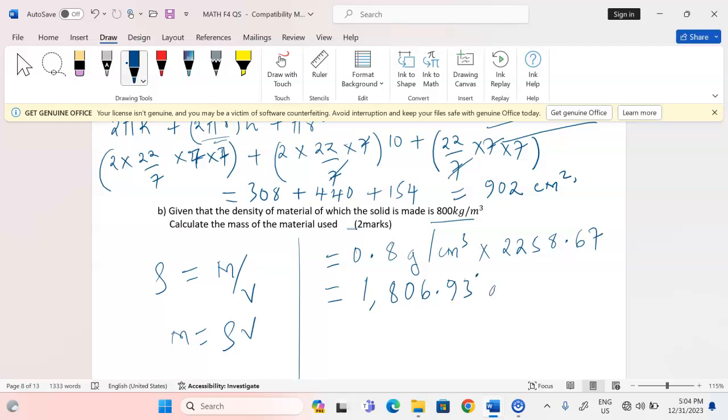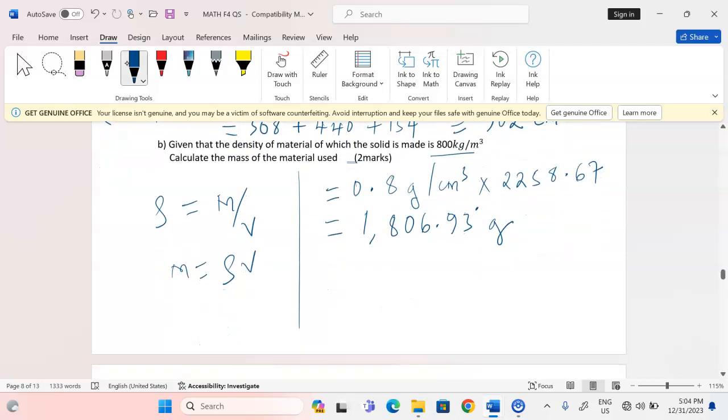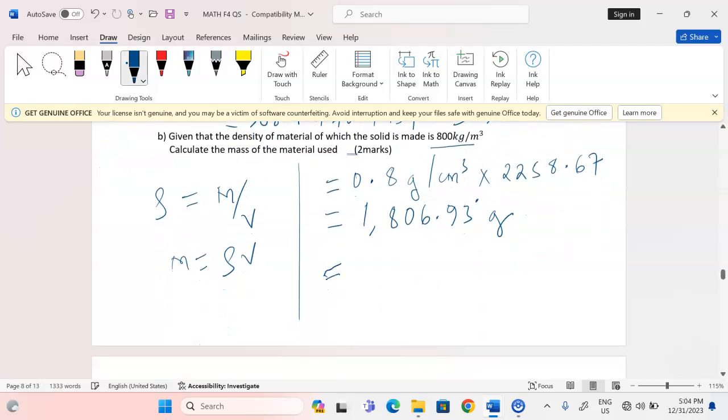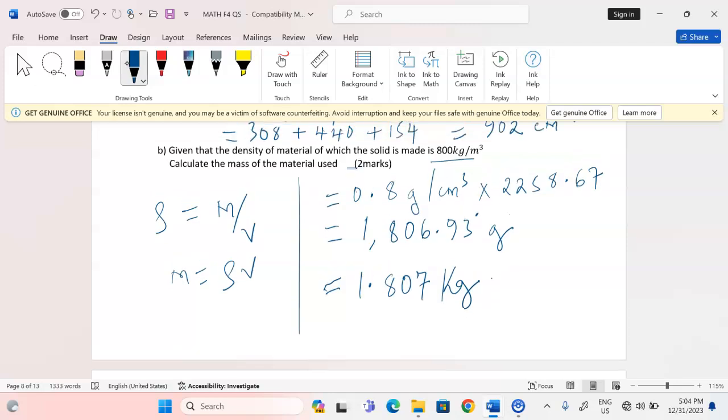This is going to be mass in grams, which means the mass can be converted to kilograms. This is going to be 1 kilogram, 0.807. So that is the converted mass.